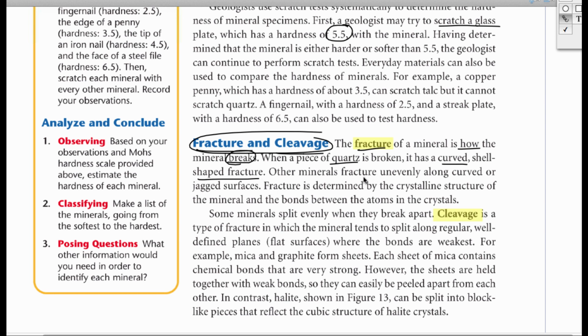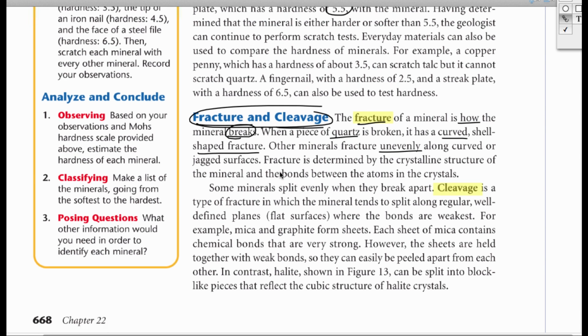Some of the breaks are uneven, some of them are clean. They're going to break along and follow the structure that is already there inside of the mineral. The interior arrangement of the atoms is going to determine how it breaks and how it creates its fracture.